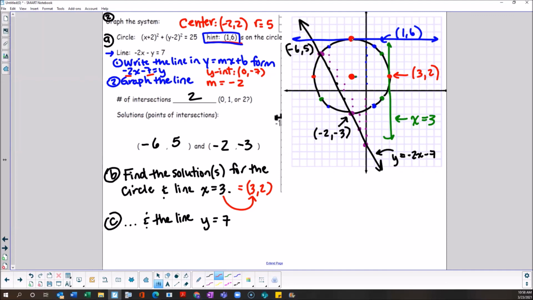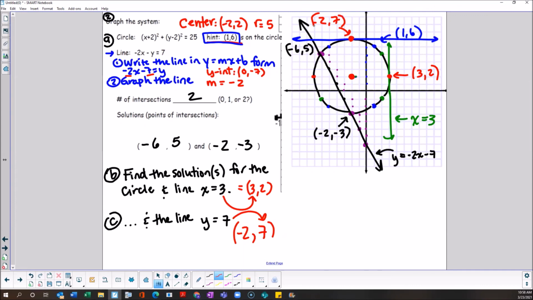So this point is going to be something comma 7, right? Because I have y equals 7. So now I just have to look at the graph and say, what's the x value? It's like -2, right? Pretty easy?